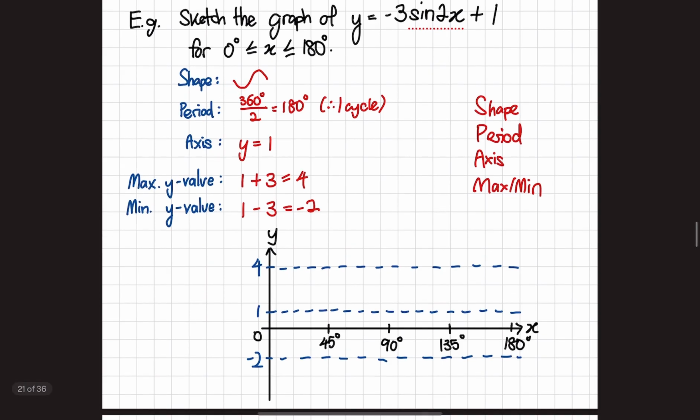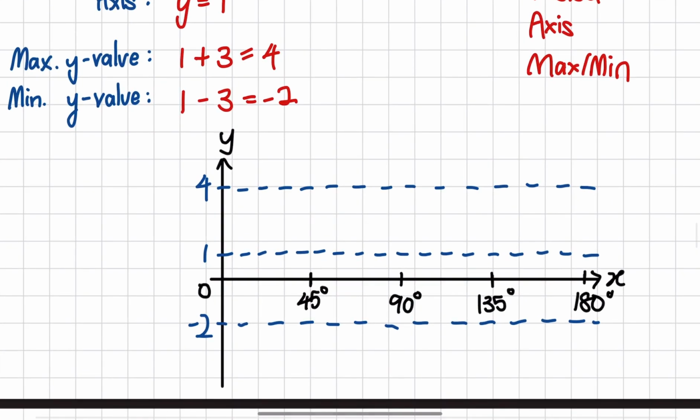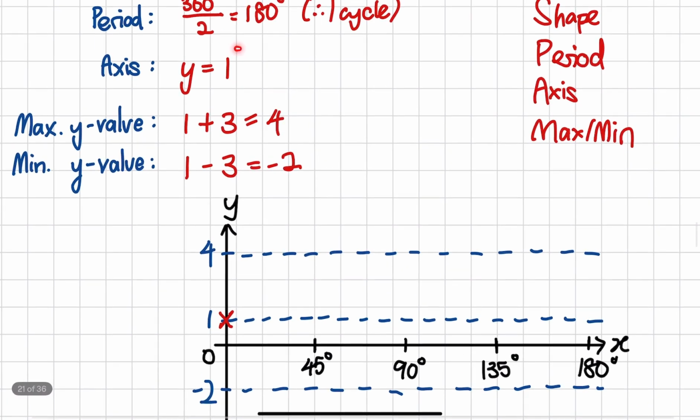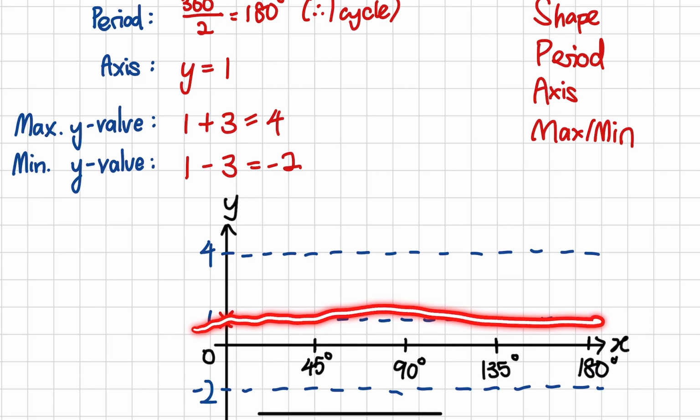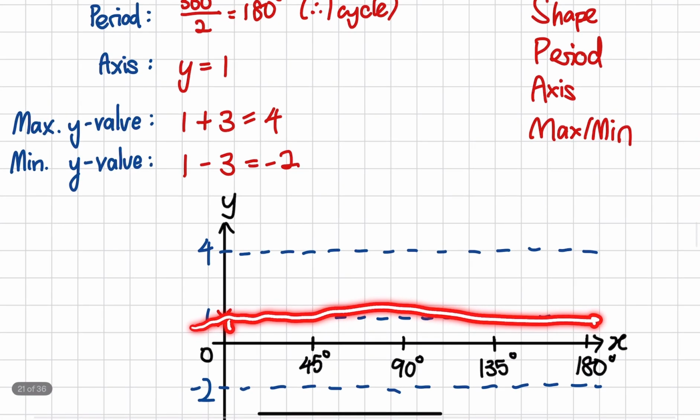Remember the important parts of your sine graph. The sine graph here cuts at these points. From 0, it starts from your axis here. Remember, it doesn't start from 0 because my axis here is y equals 1. So I'll start my graph from this axis line here. Then your graph will go downwards towards the minimum point.